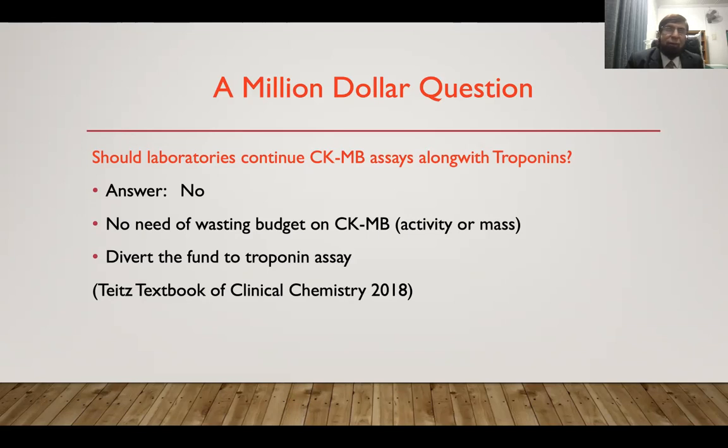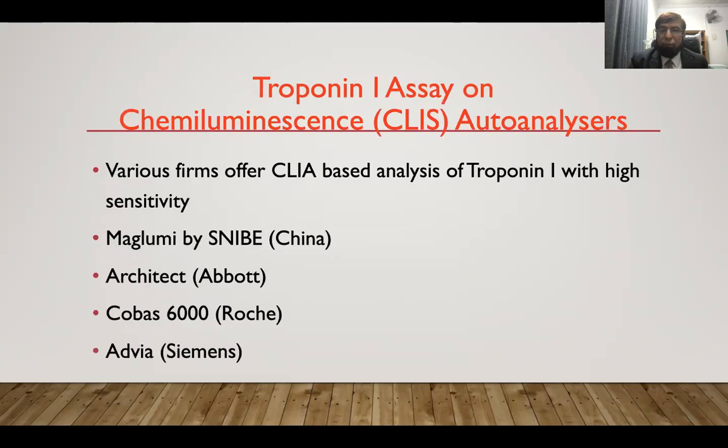Previously it was said that in a reinfarction case, since troponin is already high, CKMB may be useful. But studies have shown that in reinfarction the troponin peaks once again and you can very easily diagnose the reinfarction. So funds should be diverted only to troponins. And this is textbook knowledge, Tietz Textbook of Clinical Chemistry.